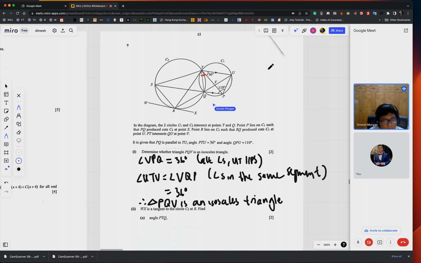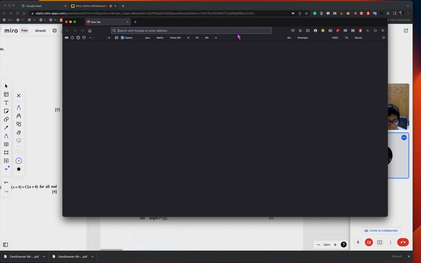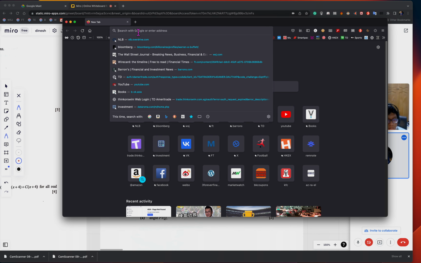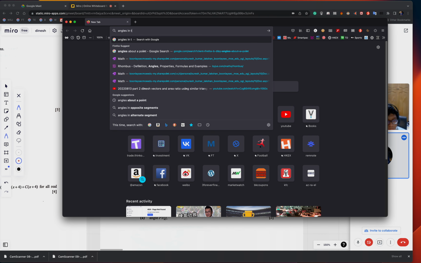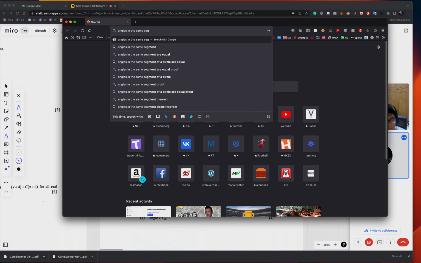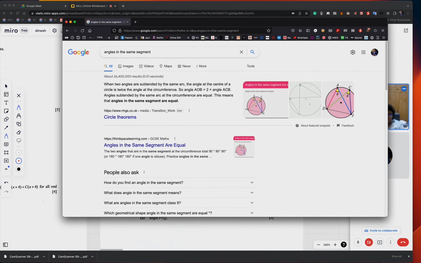So the angle in the same segment, yeah? Wait, are they equal or do they add up to 180? They add up to 180. Let me double check. Let me check what is angle in the same segment. I think they add up to 180 because the other side also adds up to 180, then you get 360.